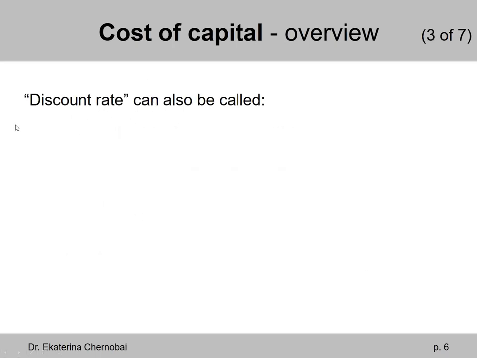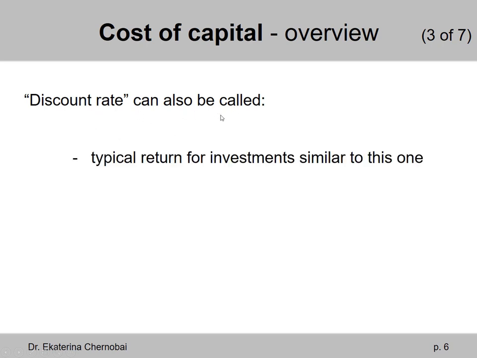Once again, a common problem in finance, or at least what a lot of students always complain about, is that the same thing can have so many different names. Well, it's coming up again. Discount rate can also be called a typical return for investments similar to this one, or a required return on an investment. We saw a whole bunch of other terms, like when we talk about bonds, we say yield to maturity.